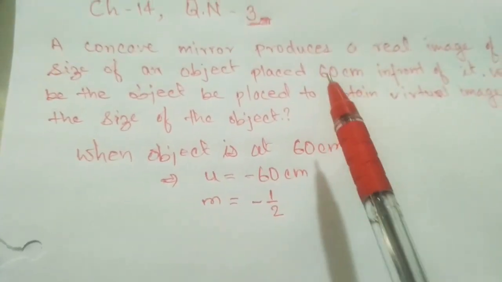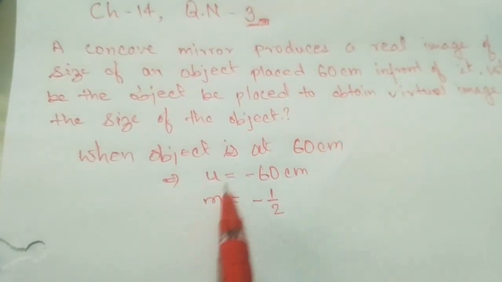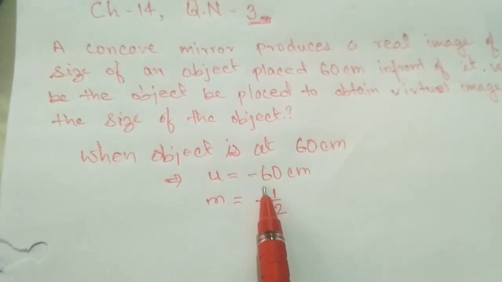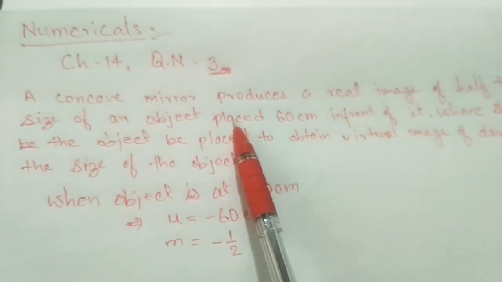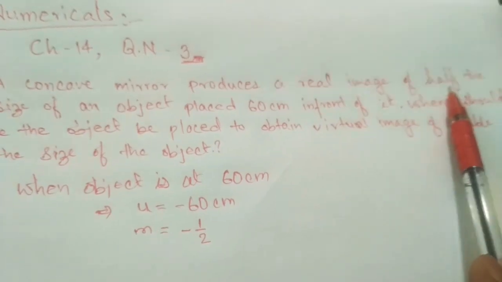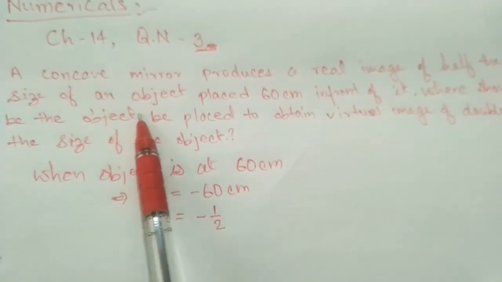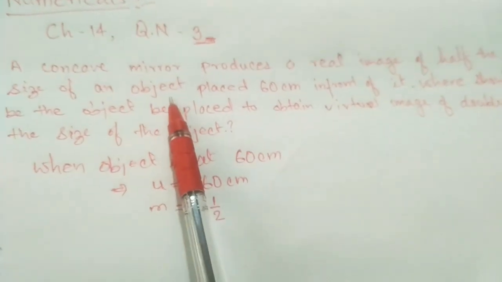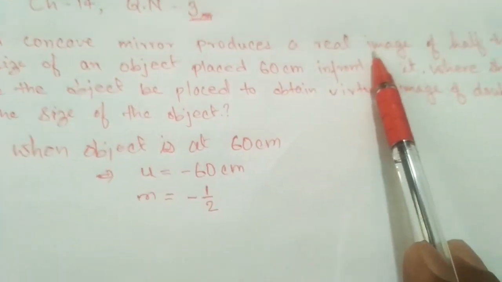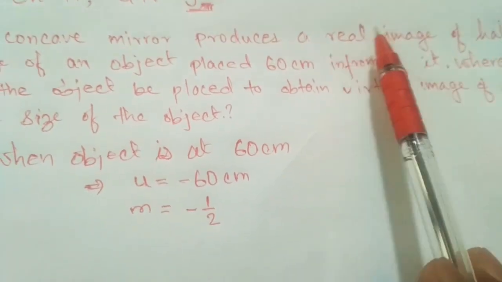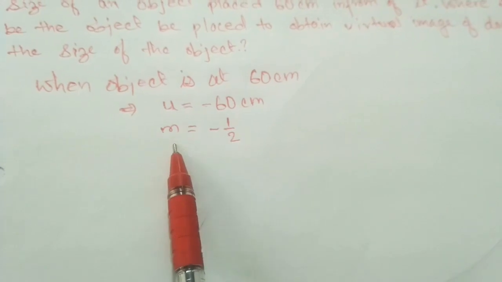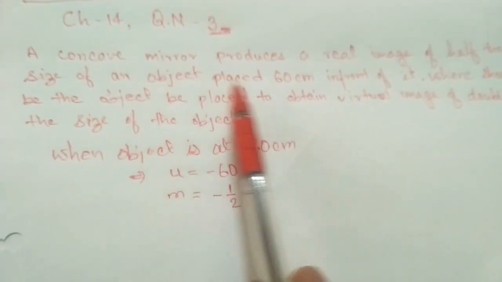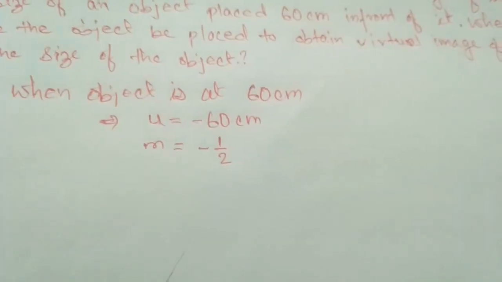So starting, when the object is placed at 60 centimeter, means u is equal to minus 60, at that time it produces an image half the size of the object. Since the image is real, the linear magnification m will be negative and the value is half. So m is equal to minus half.